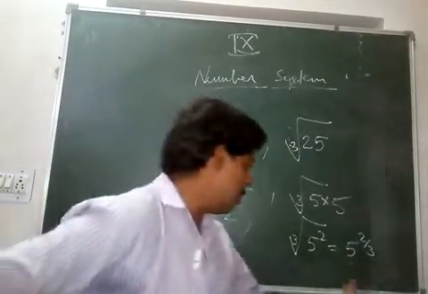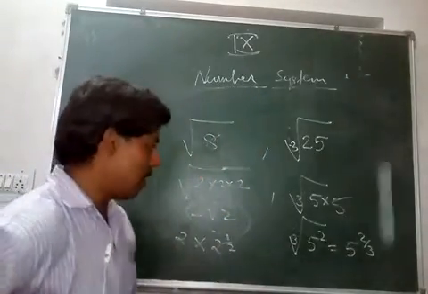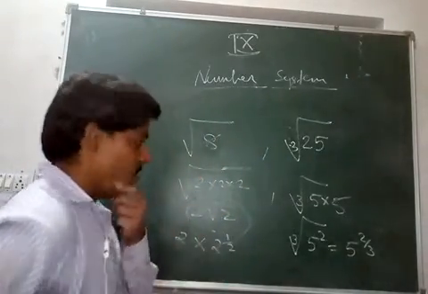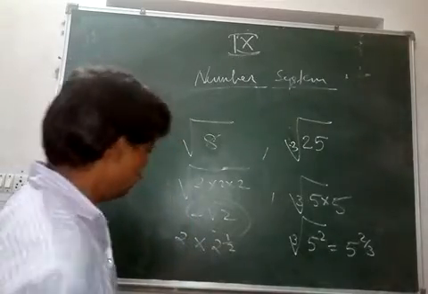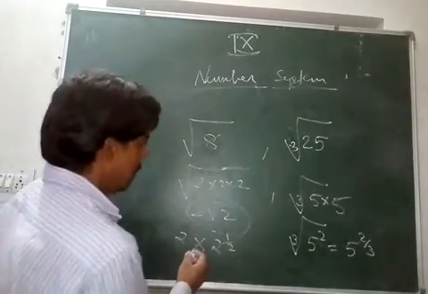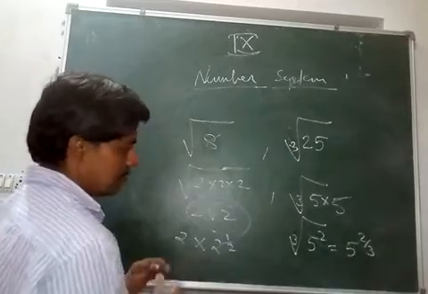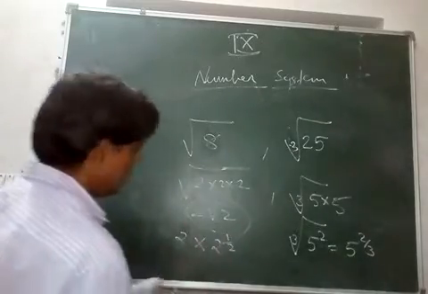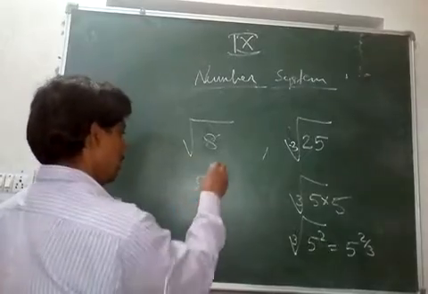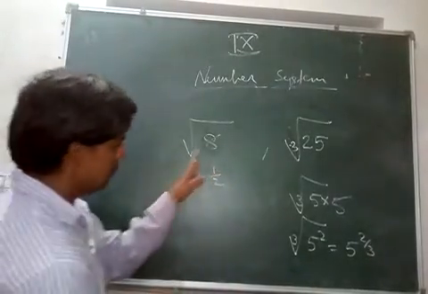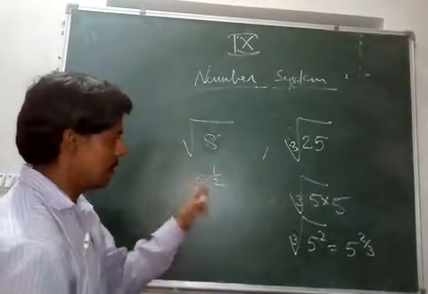Now 5 to the power 2 by 3 and 2 to the power half, which one is greater? How will you find this kind of question? You will have to first convert this into the same exponent. How will you compare this? It's a good question. Let it be 8 to the power 1 upon 2, because square root can be written as 1 upon 2.